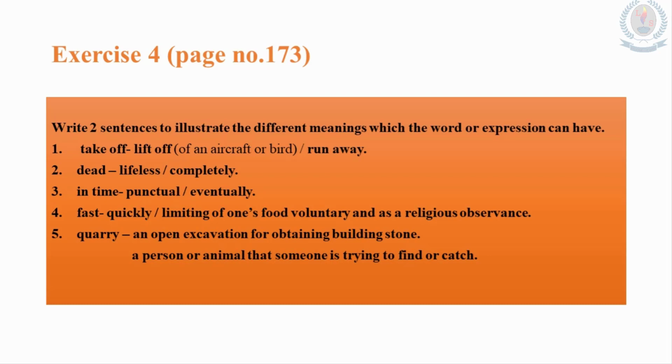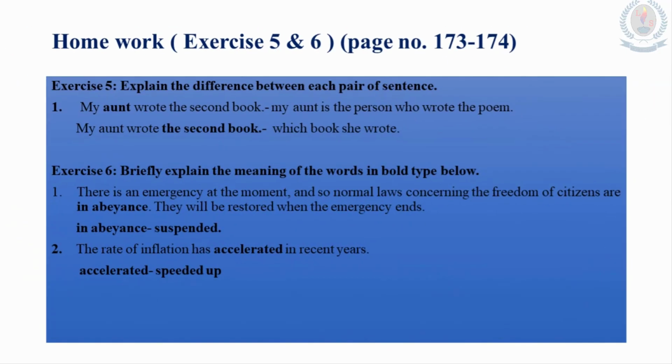You've also got another homework, exercises 5 and 6, page numbers 173 to 174. Exercise 5: explain the difference between each pair of sentences. I have done number 1 for you.